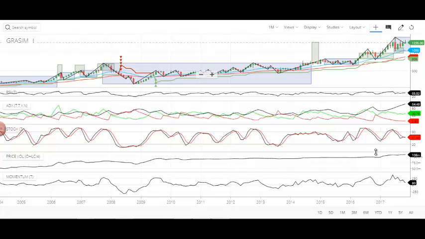But if you look at the overall trend of the stock, there is a consistent effort from the stock to move its price in the upward direction, and we can clearly see the consistent highs here. And Grasim Industries, as you guys know, is not a recent newcomer in the market.